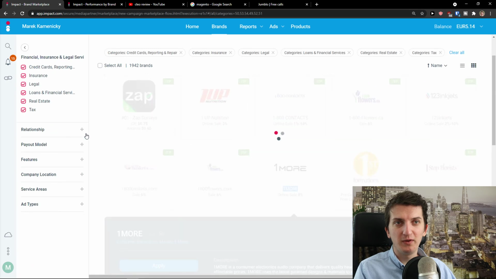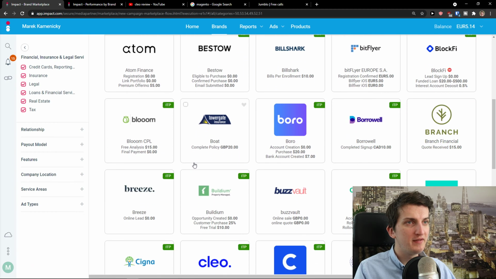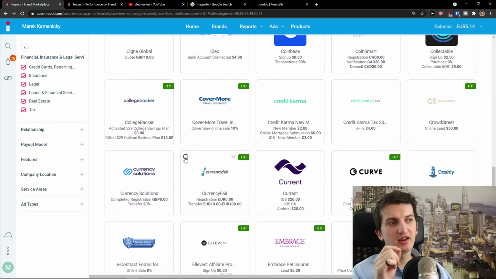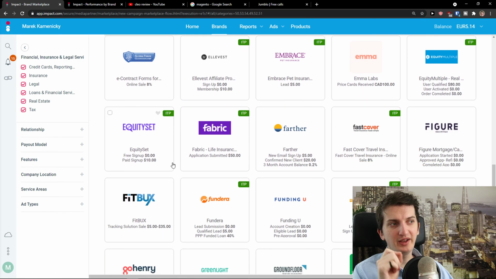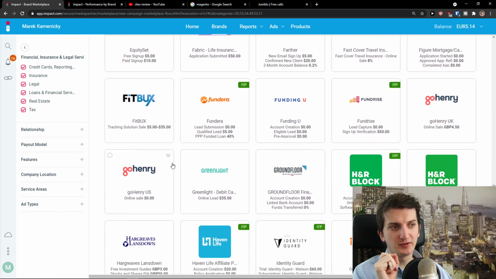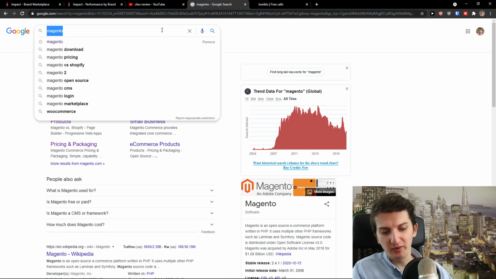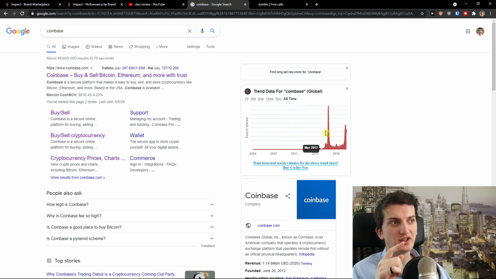So we can go to financial, and we can go even to crypto, but I'll be really careful about it, because crypto is rising right now, but for 3 years it was completely dead. So when I would come here and write Coinbase, look at this, look at the graph. Coinbase was damn popular in 2017 when there was a peak, but right now it's popular again because it's peaking. But look at the popularity for 3 years.